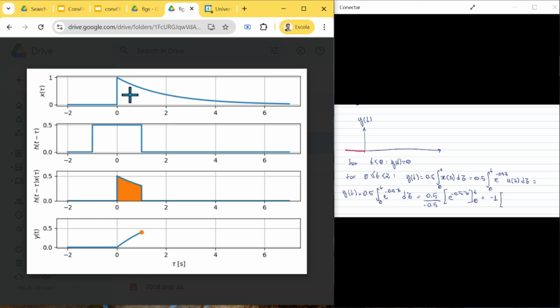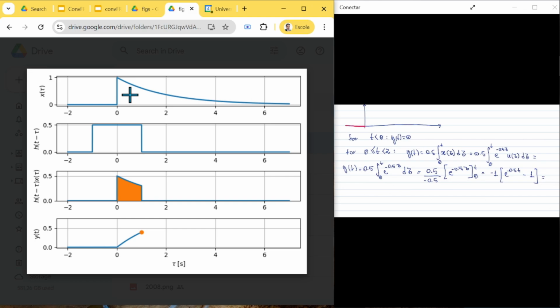And then we have e to the minus 0.5 t minus e to the minus 0.5 times 0. So e to the 0 is 1. That's what we got. So we just swap the signs because of this minus 1 here. So we got 1 minus e to the minus 0.5 t.